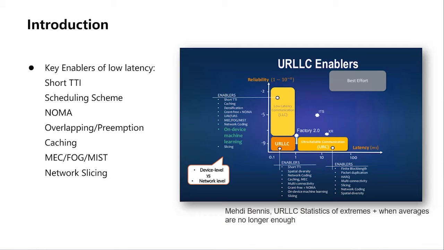According to our survey, many researchers have done some related works, but most are evaluated by simulations. So we come up with the idea to implement a low-latency communication network on a realistic software-defined radio system to evaluate the performance. In our research, we choose scheduling scheme and TTI as 2 critical points to optimize the latency.